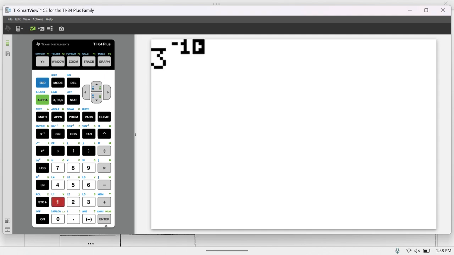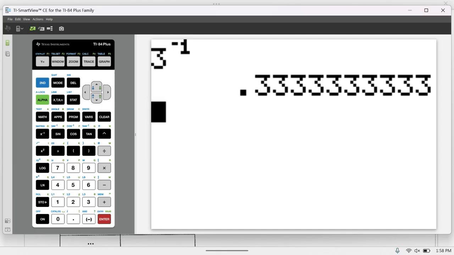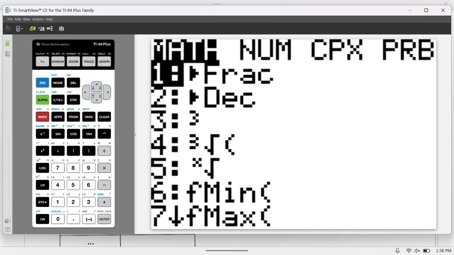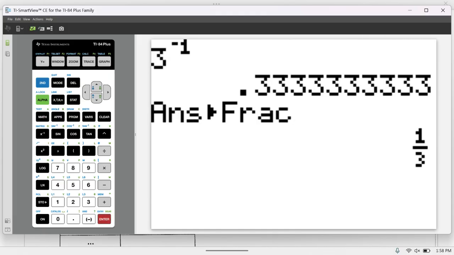As it stands right now, it's a decimal. Now, I highly expect you guys to know what 0.33 repeating is as a fraction. Good Lord. But let's say for whatever reason you didn't. The way you check is you hit the math key, which is under that green alpha key. Do you guys see where it says fraction at the top, or frac? Hit enter, and then hit enter again. It'll convert to its simplest form.